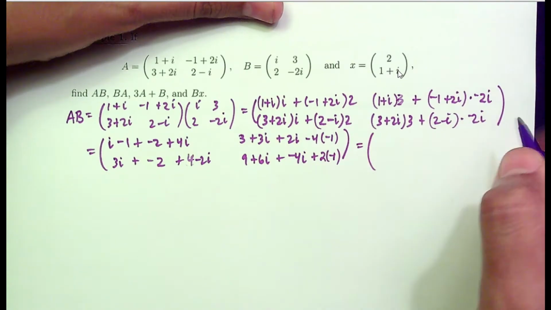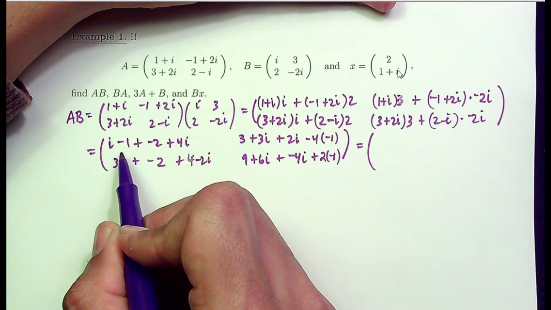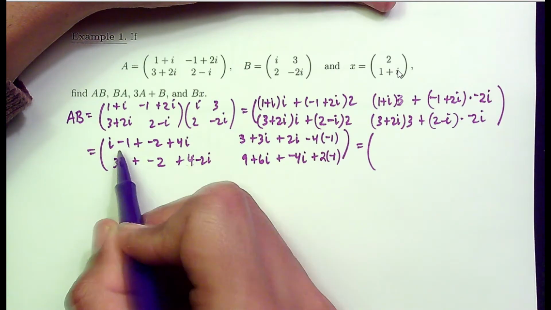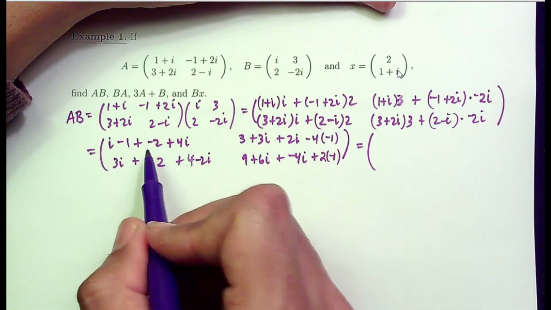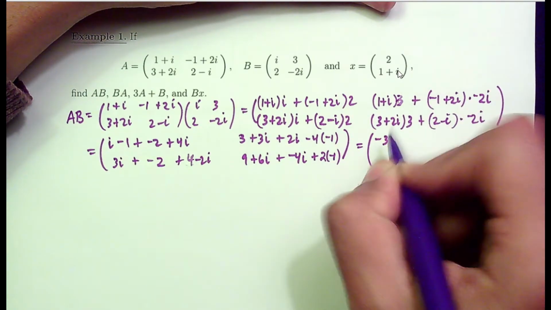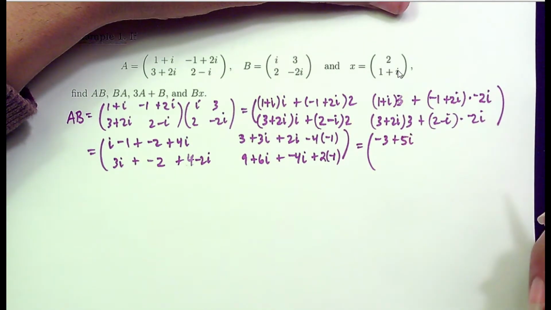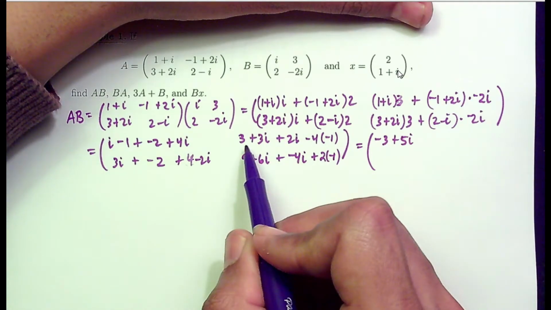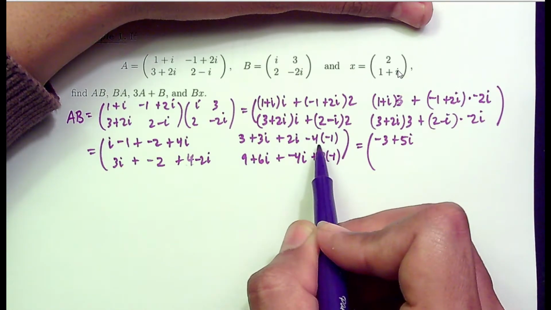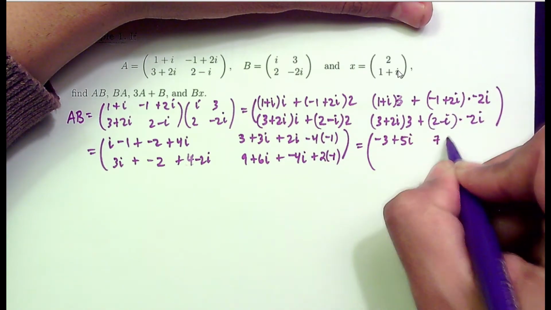And then simplifying by collecting like terms, let's start with the real parts first. Negative 1 and negative 2, that would be negative 3. i and 4i is 5i. Now this corner, this will be 3 and positive 4, that would be positive 7.